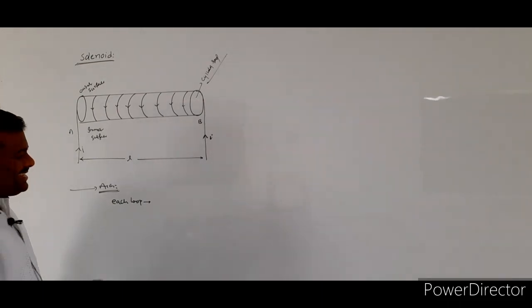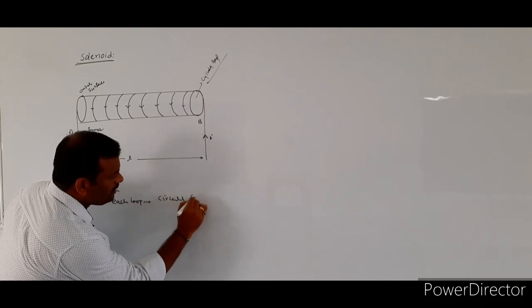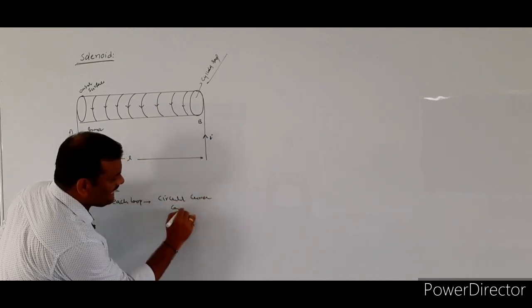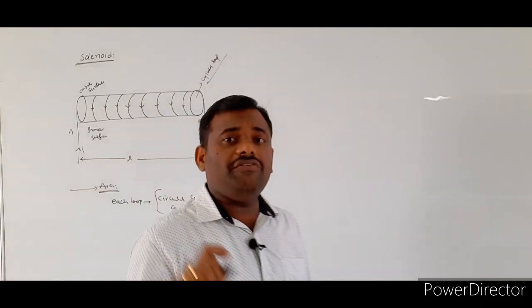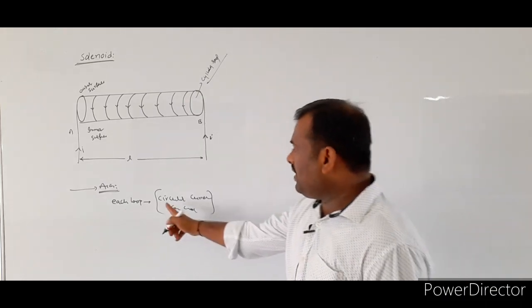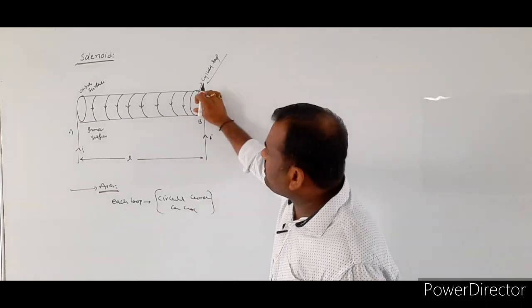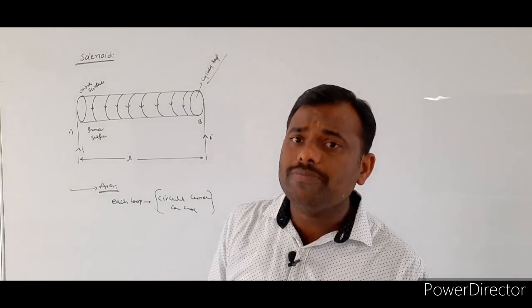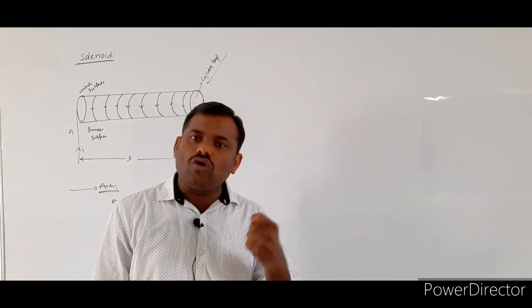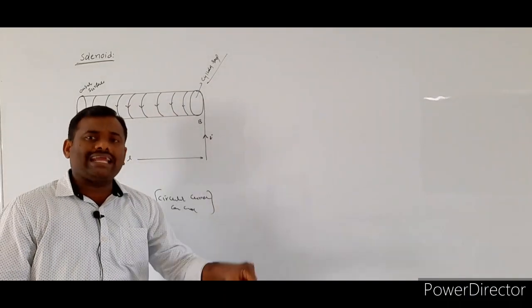Here each loop will be acting as one circular current carrying conductor. Each and every loop will be acting as an individual circular current carrying conducting loop. So if you take the first turn, it acts as an individual circular current carrying loop, producing its own magnetic field intensity, and the second loop is also producing its own magnetic field intensity.